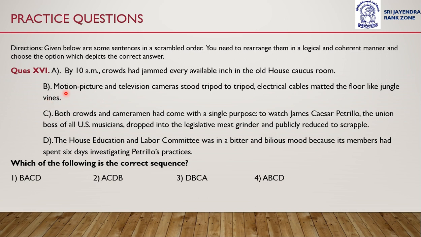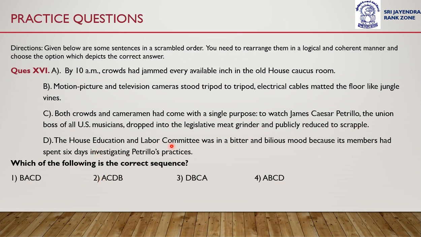Second statement would be B. Motion picture and television cameras stood tripod to tripod. Electrical cables matted the floor like jungle vines. Then it will be followed by C. Both crowds and cameramen had come with a single purpose: to watch James Caesar Petrillo, the union boss of all US musicians, dropped into the legislative meat grinder and publicly reduced to scrapple.